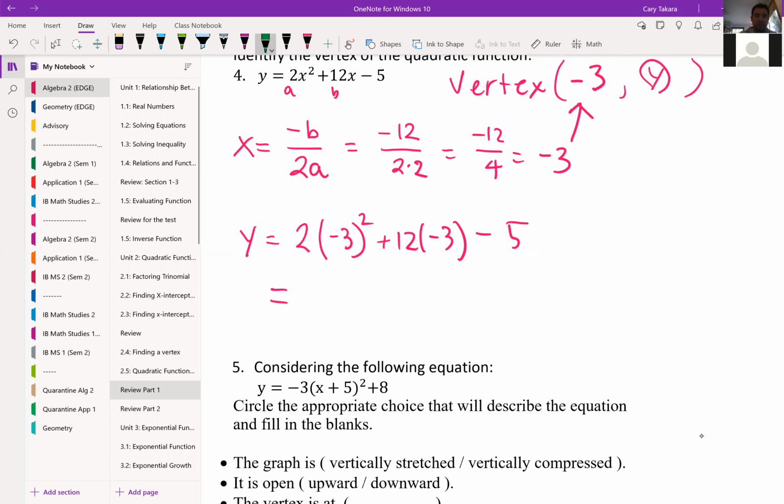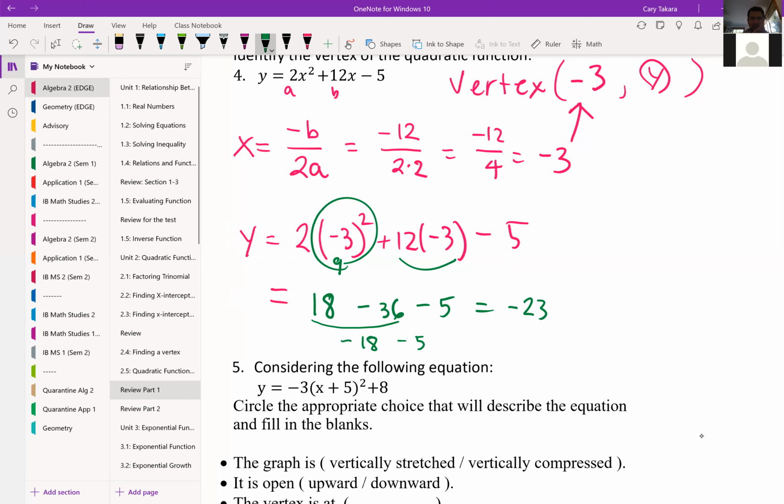Negative 3 squared is positive 9. So 2 times 9 is 18. And 12 times negative 3 is negative 36. And then we have minus 5. Negative 18 minus 5 is negative 23.